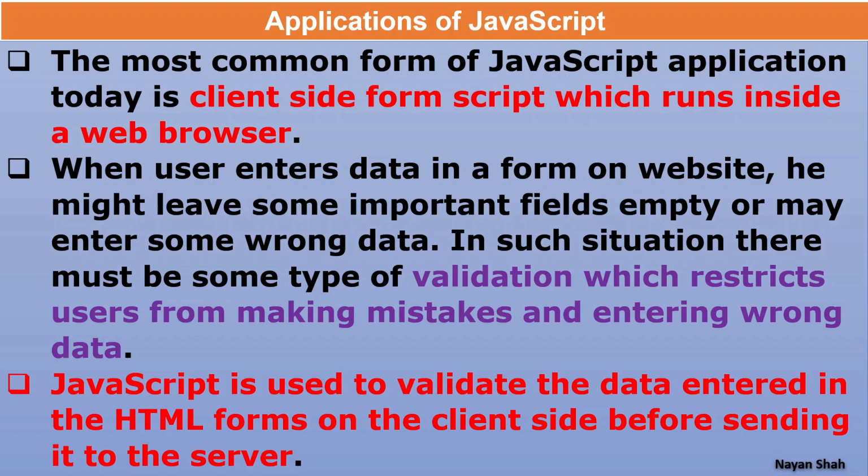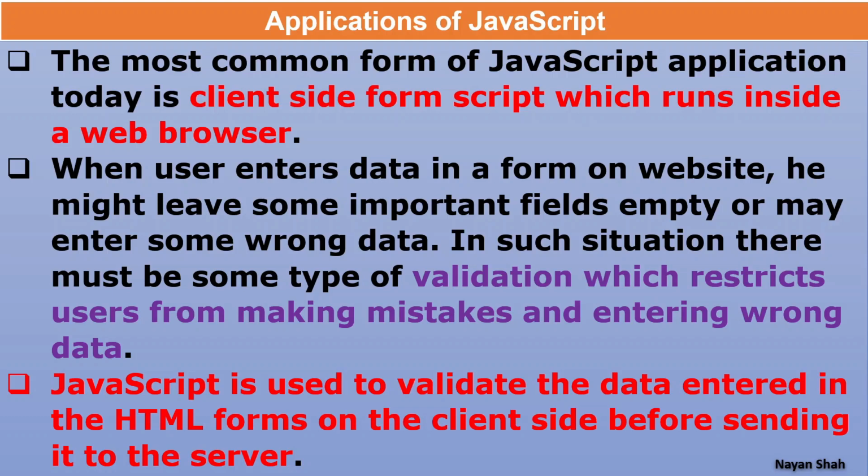Client means we, and server is the place from where that website is coming. So it runs inside a web browser on the client machine. Out of 100 applications of JavaScript, more than 90 are written for form validation. That is the most common use of JavaScript.